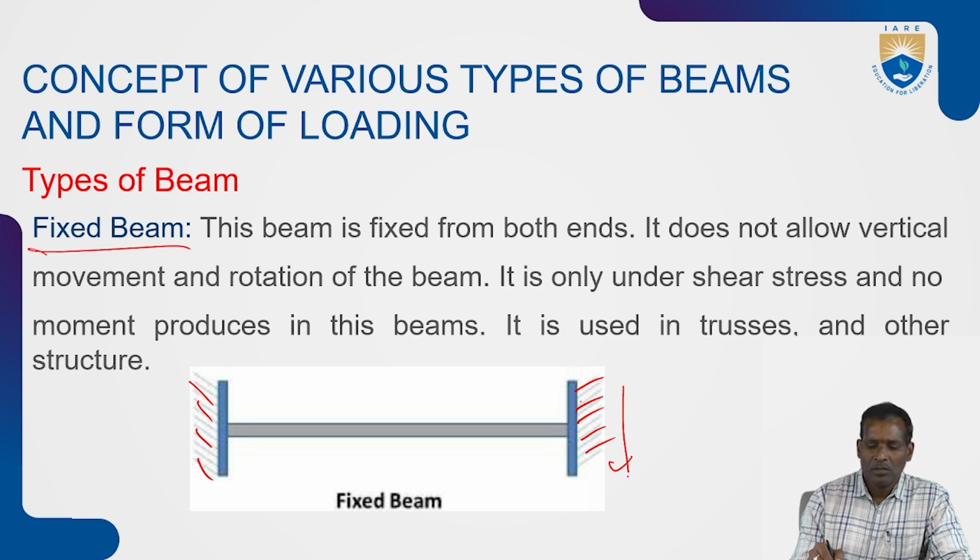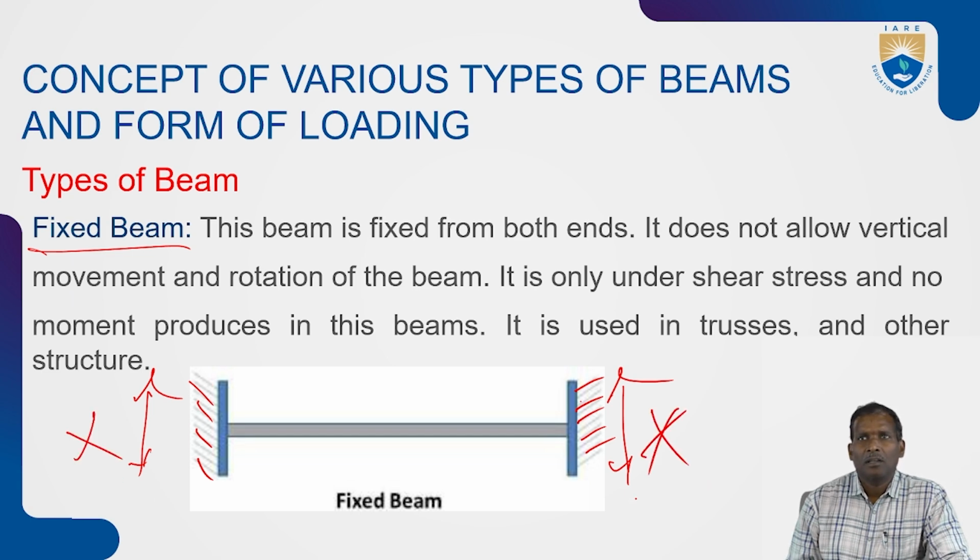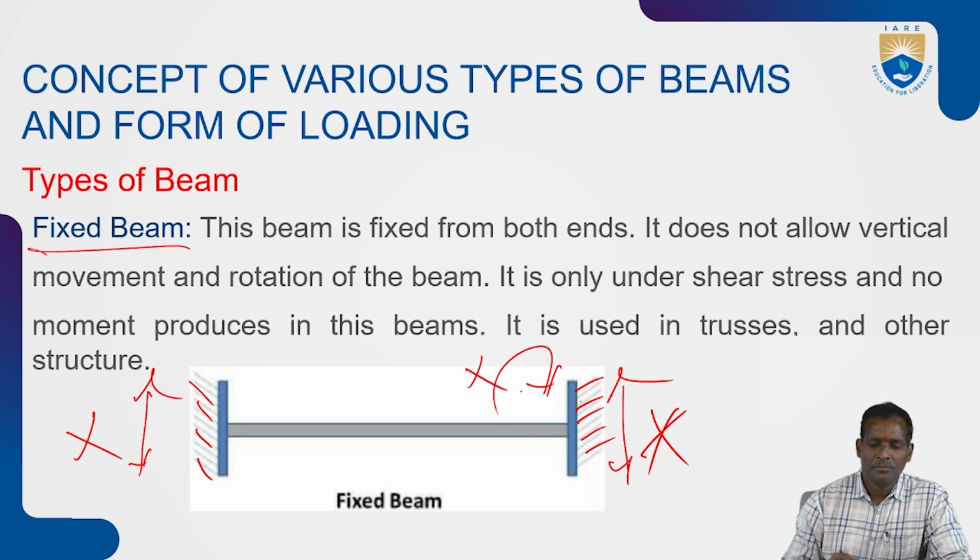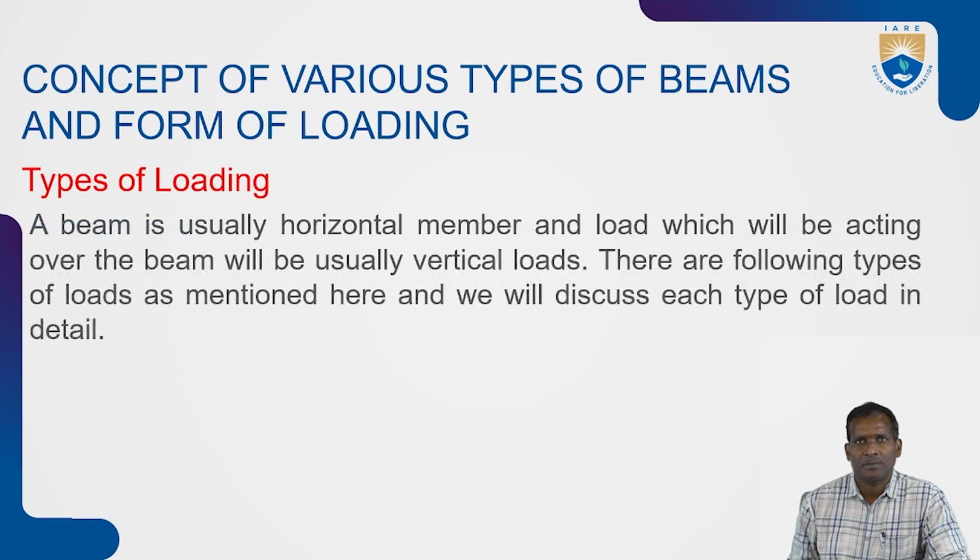There is no vertical movement, and the rotation of the beam is also not allowed. It is only under shear stress and no movement is produced in these beams. It is used in trusses and other structures. Both ends are fixed. This type of beam is used in trusses.